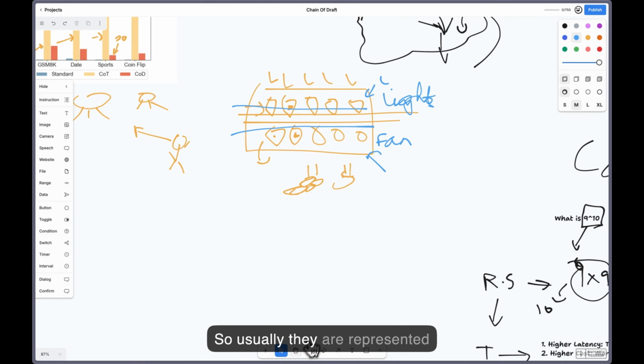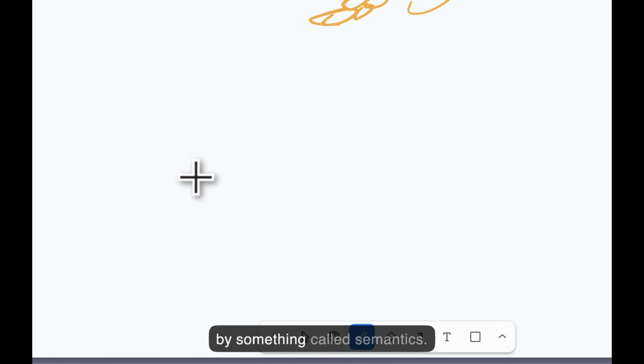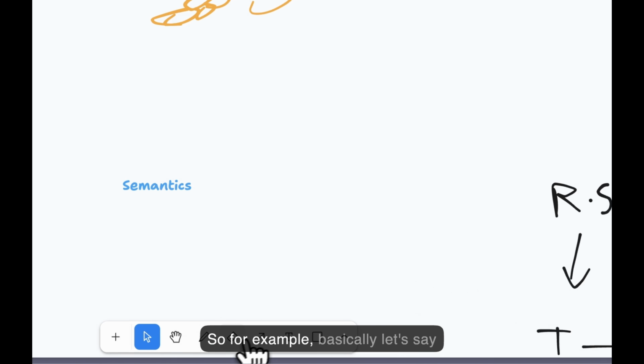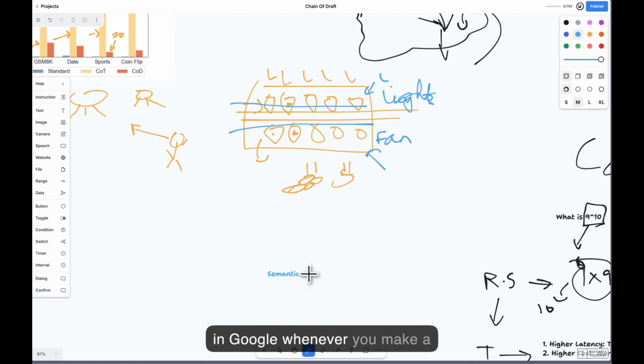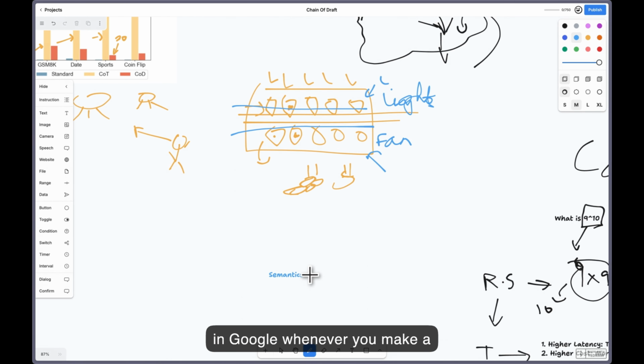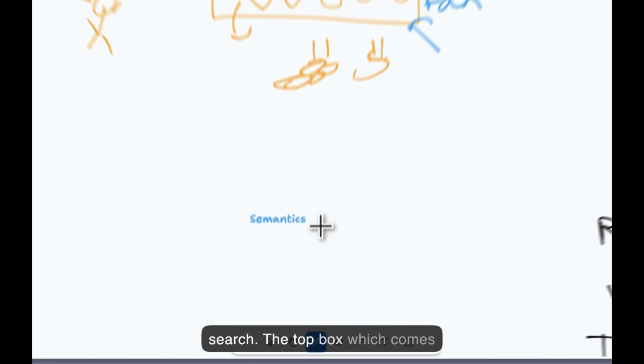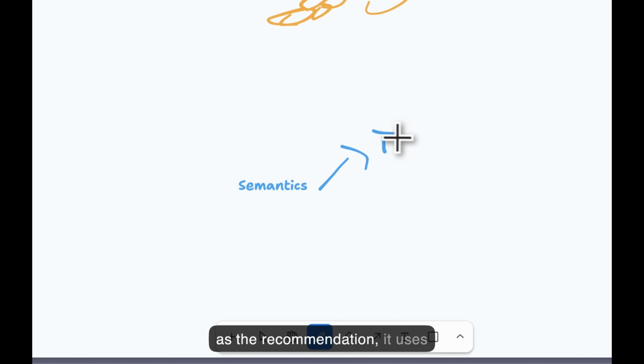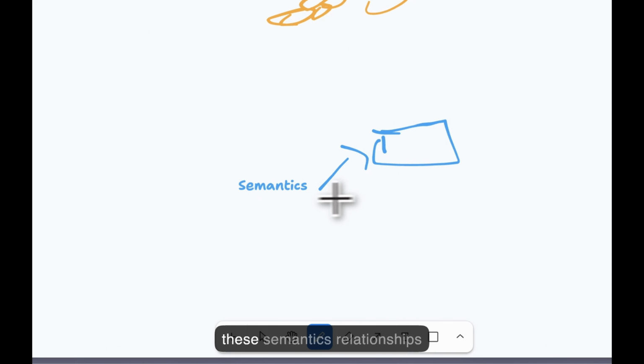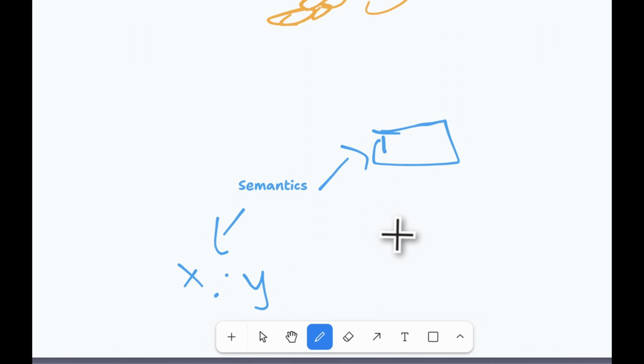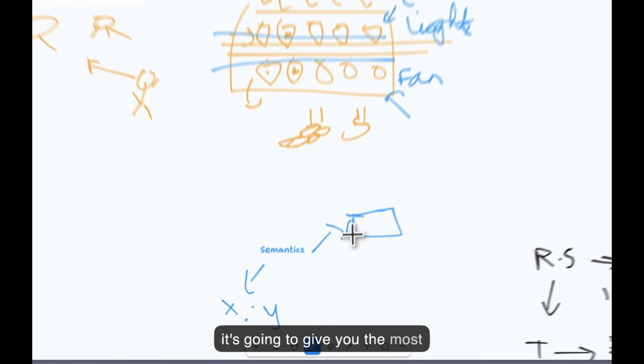So usually they are represented via something called semantics. For example, in Google, whenever you make a search, the top box which comes as the recommendation uses these semantic relationships, where it's going to give you the top search result.